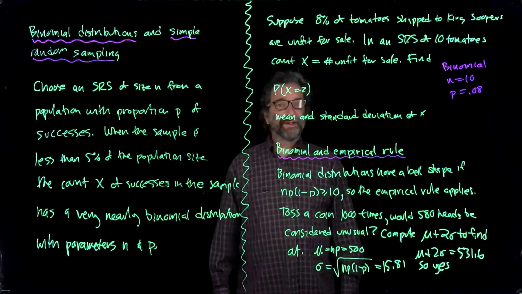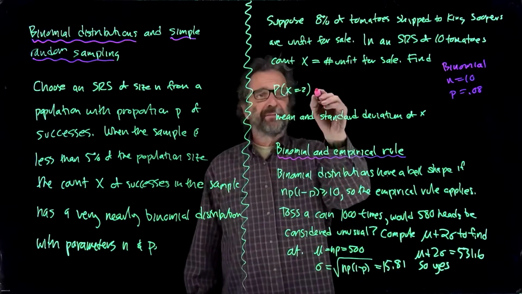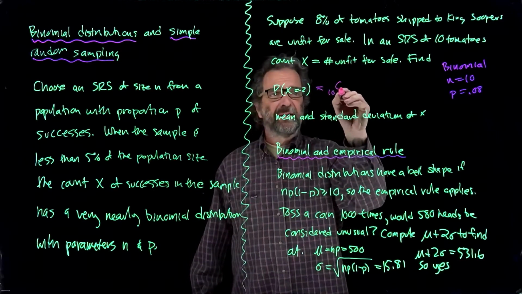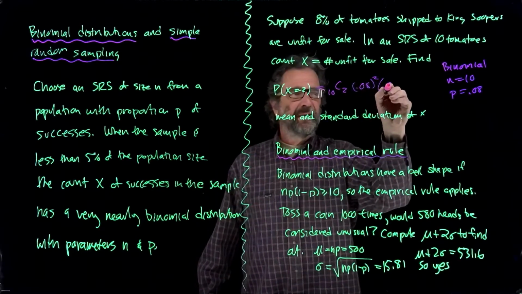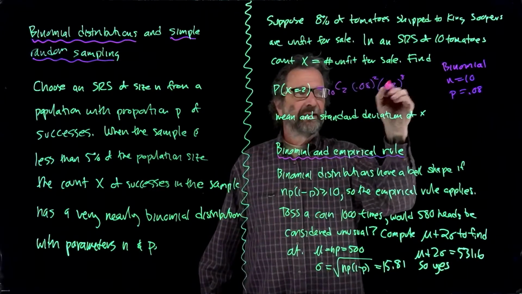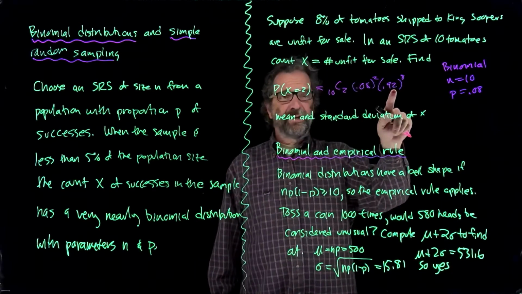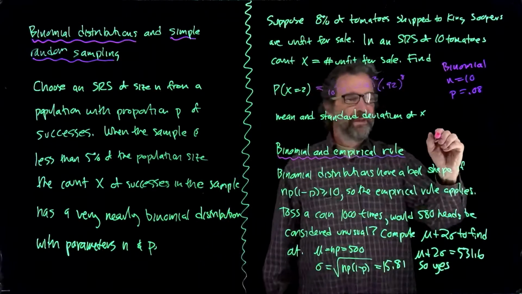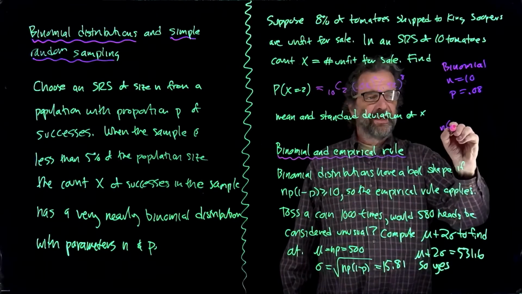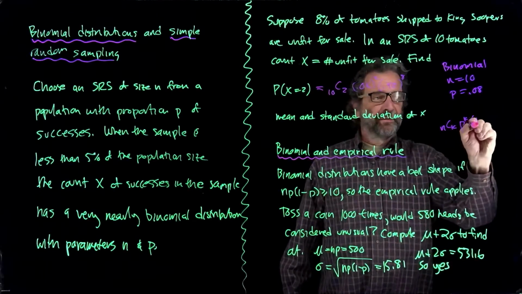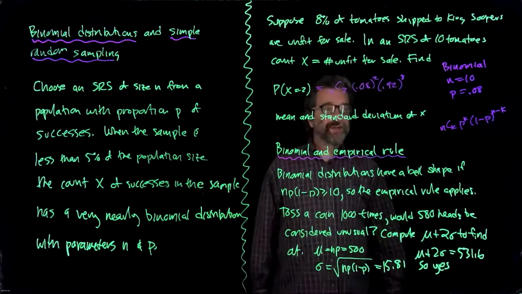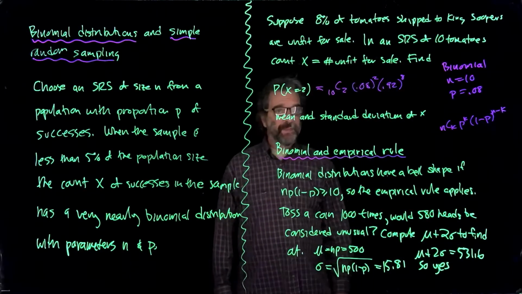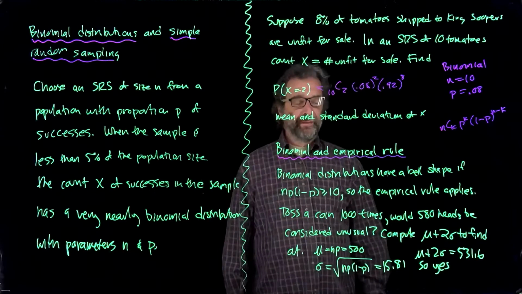And we want the probability x is 2, so we're going to use the binomial formula: 10 choose 2, times 0.08 squared, times 0.92 to the eighth. That's 1 minus 0.08. Remember how this worked. It's n choose k, p to the k, 1 minus p to the n minus k. So n is 10, p is 0.08, and k is 2 here.